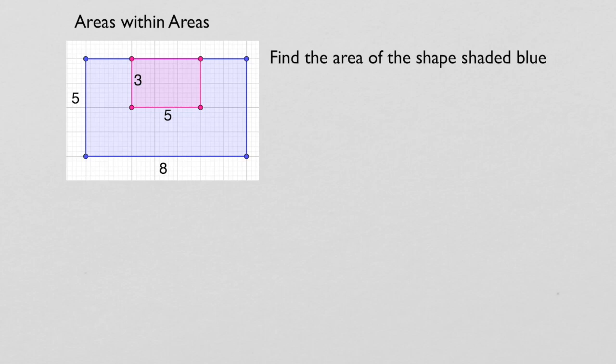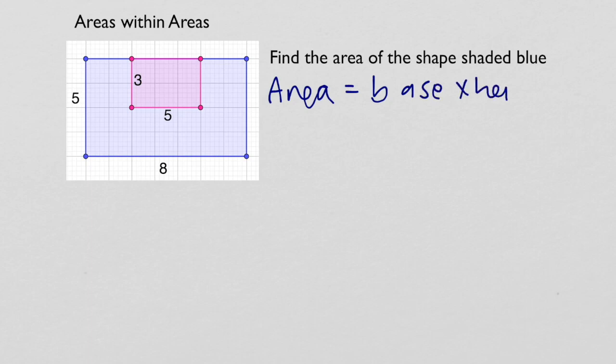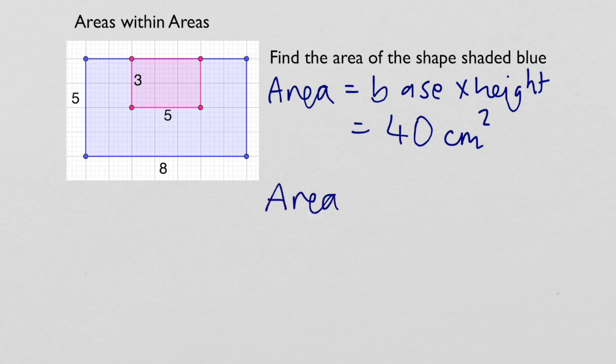So the big rectangle, the area of that, using our formula, area equals base times height. Excuse my handwriting on the iPad, equals 40 centimeters squared. And then the second rectangle is the smaller one, so area equals base times height, which is 3 times 5, that equals 15.